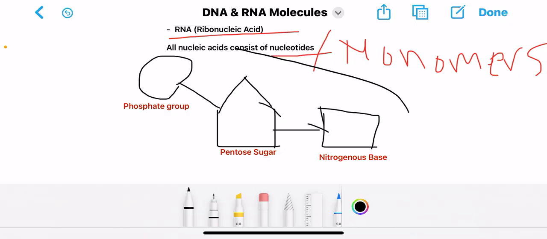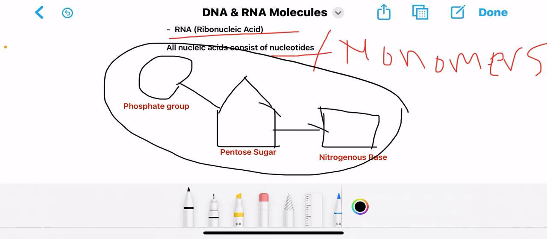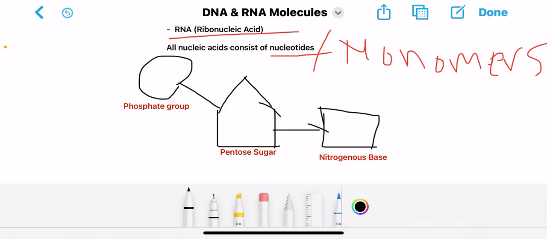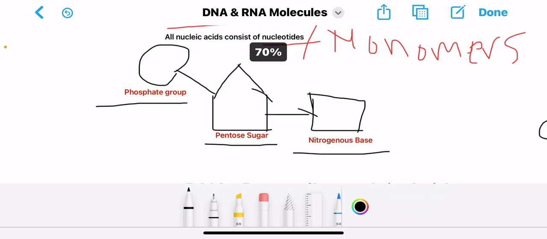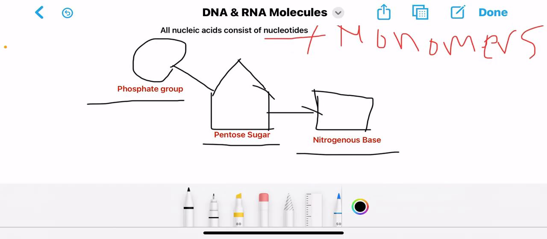Now, this is a building block of what? Of a nucleic acid, of a DNA molecule. So the nucleotide consists of a phosphate group, the pentose sugar, and the nitrogenous base. This is a nucleotide. When it is in plural form, it's called nucleotides.